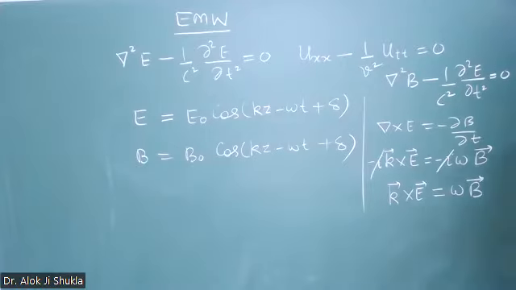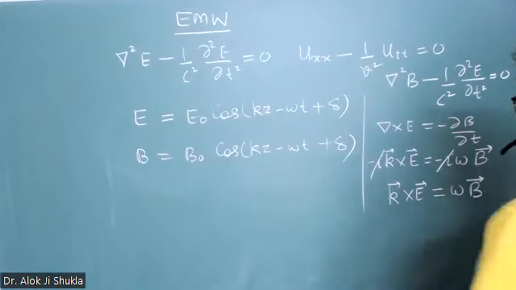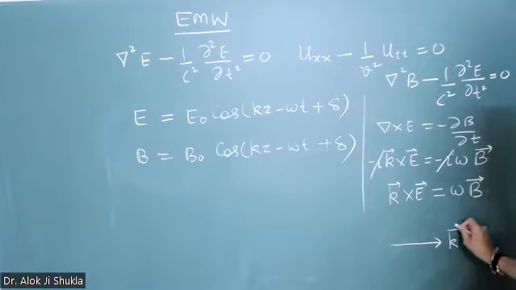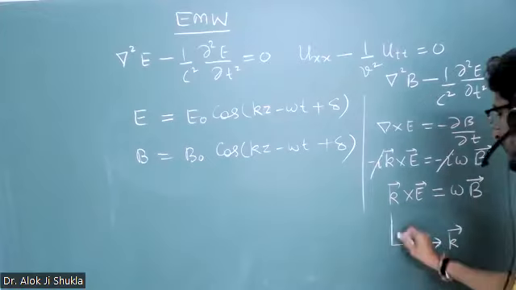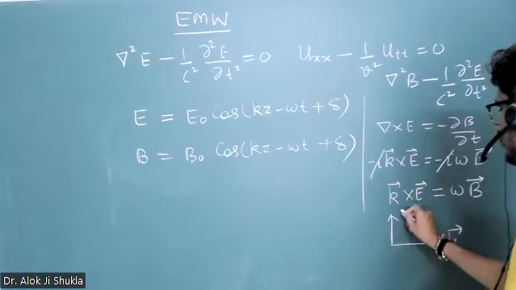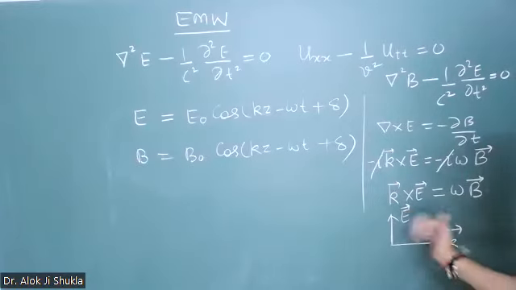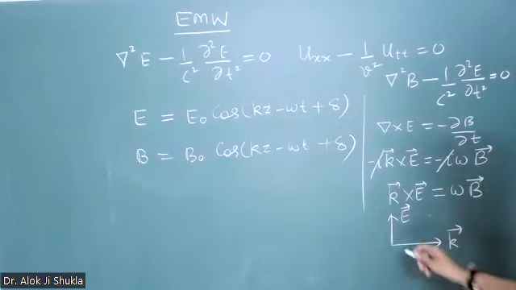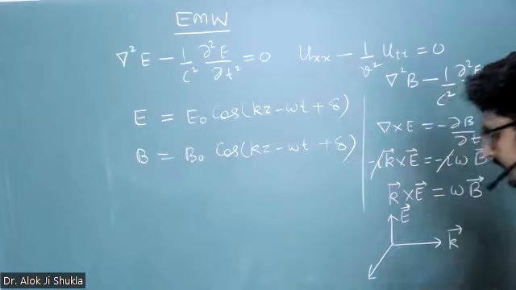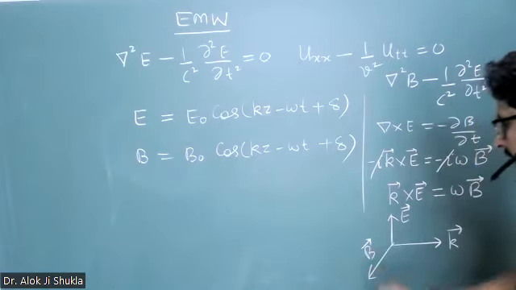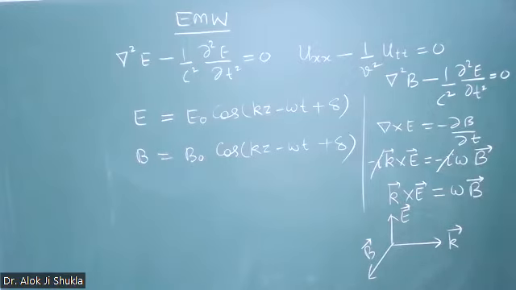So that means if k is the propagation direction, yesterday somebody was asking this, if k is the propagation direction and E is the electric field, then take k cross E, and this will be the direction of the magnetic field, correct?